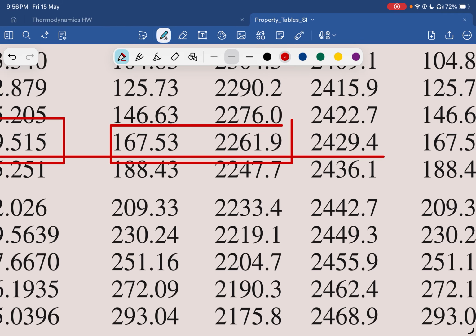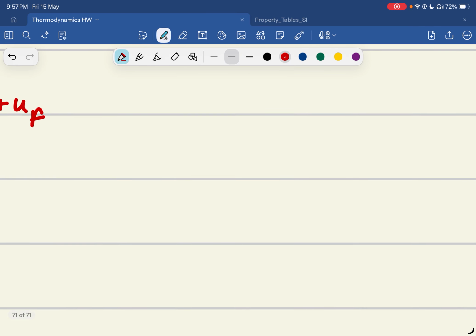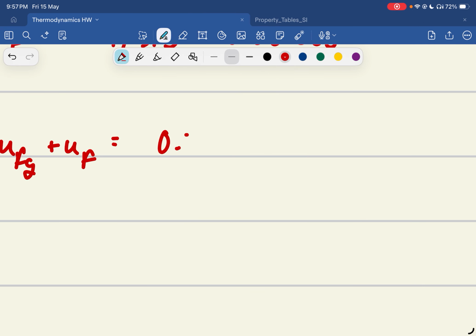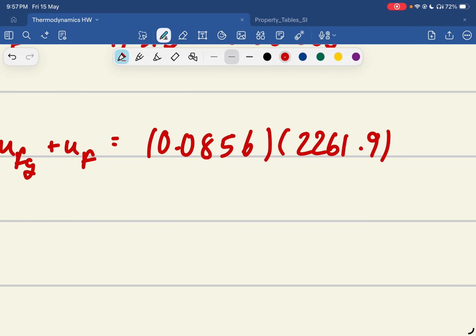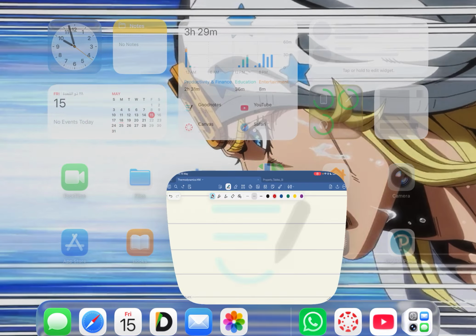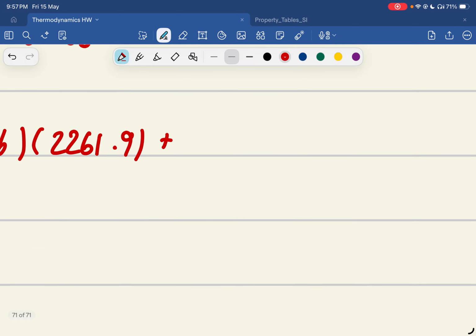So 2261.9 times 0.0856 plus 167.53, and that would equal 361.21.